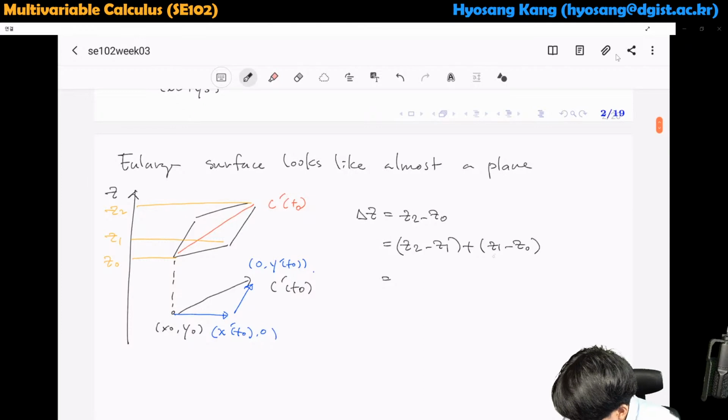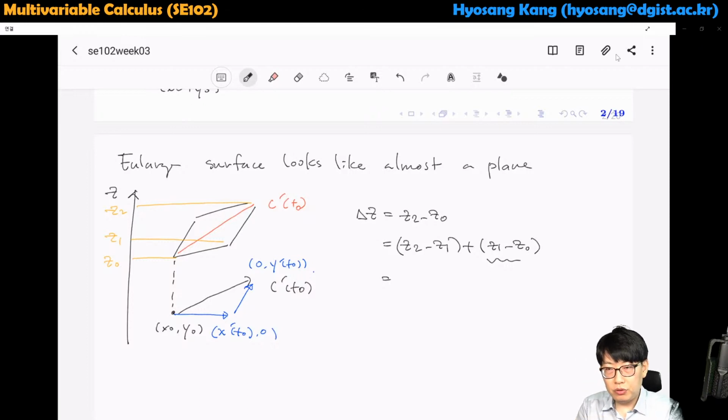So let's think about z1 minus z0 first. That's the difference when I move my point to the x direction in the velocity of x prime t0, right? So I only change the variable x. So when I change the only x variables, it gives the partial derivative, the ratio of difference of z value and the difference between the value of x gives the partial derivative.